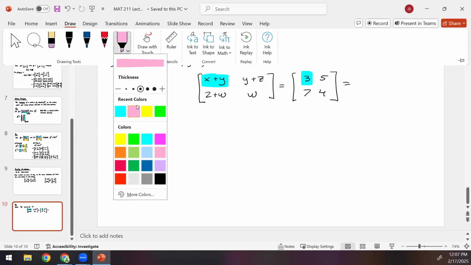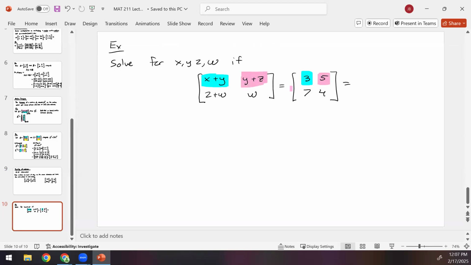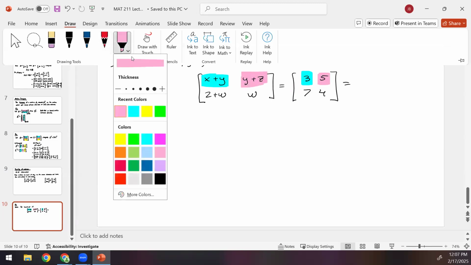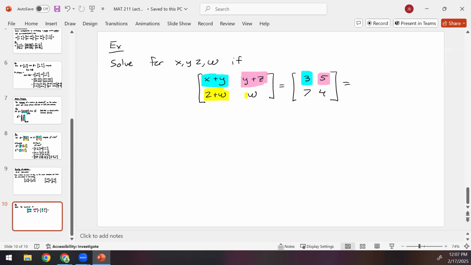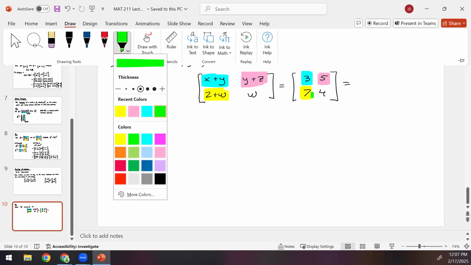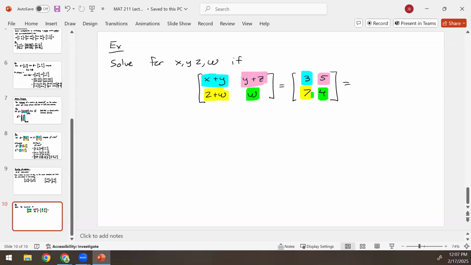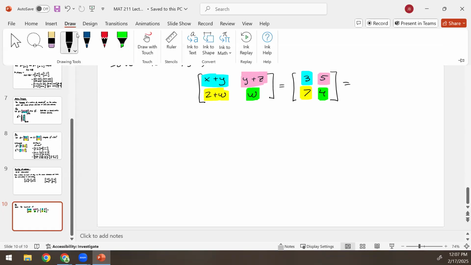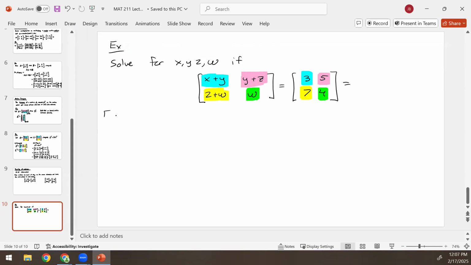The top right number has to be equal to the top right corner. The bottom left corner has to be equal to the bottom left corner, and the bottom right corner has to be equal to the bottom right corner. And that's fundamentally how you solve these. You just set the corners equal to each other and solve. So let's do that. Each corner is equal to the other corner.